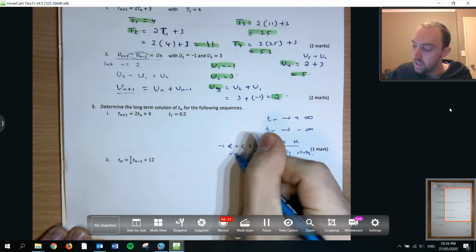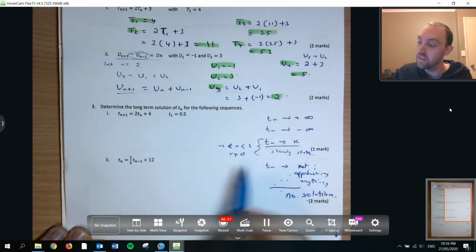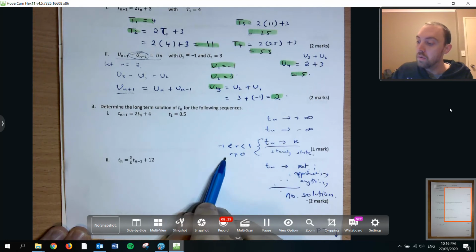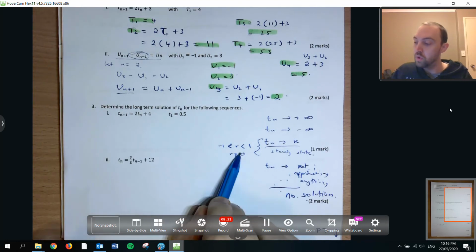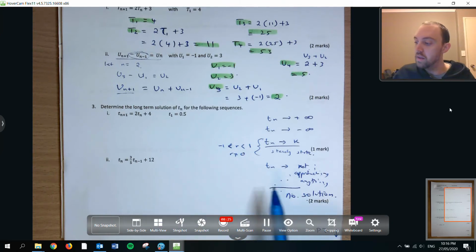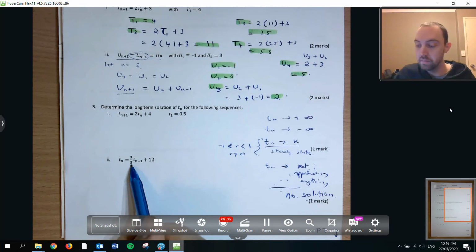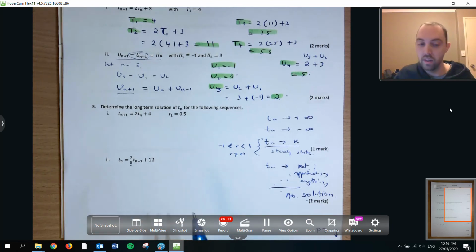And r is not 0, because then that's kind of useless to us as a steady state thing. So if r is between -1 and 1, so it's a fraction usually, then it would generally lead to a steady state solution like this one here. This is likely to lead to a steady state solution.